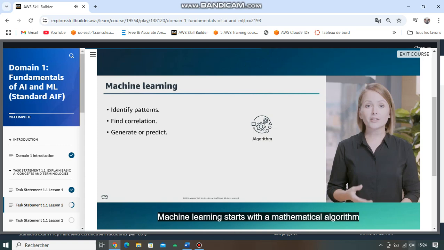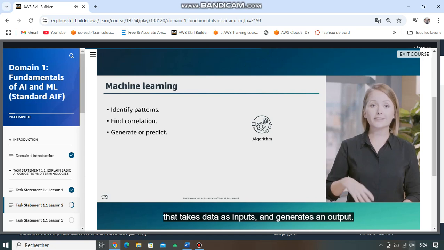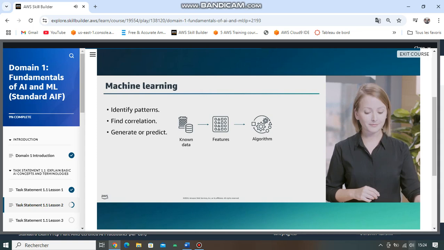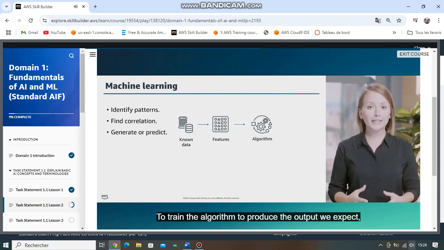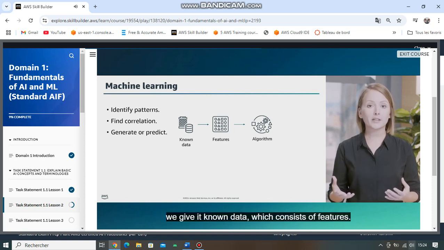Machine learning starts with a mathematical algorithm that takes data as inputs and generates an output. To train the algorithm to produce the output we expect, we give it known data, which consists of features.